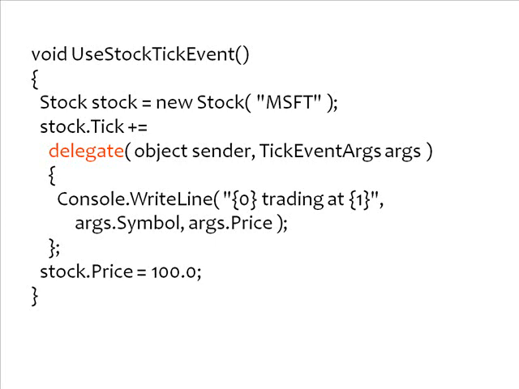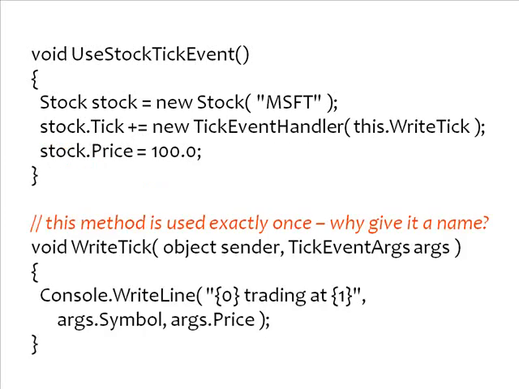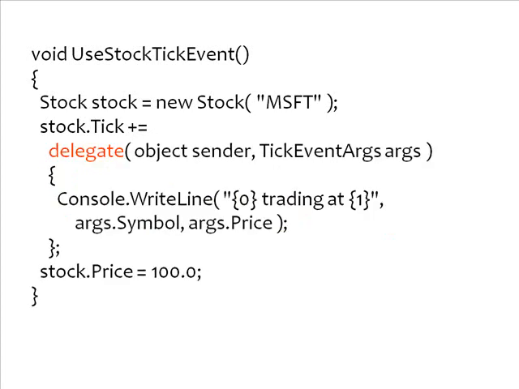So just flipping back, before I had a tick event handler with a name. Now I'm going to just use the keyword delegate. I'm overloading the keyword delegate. I'm telling it the type of parameters that get passed in, and in line in the code block I'm writing my event handler right there.